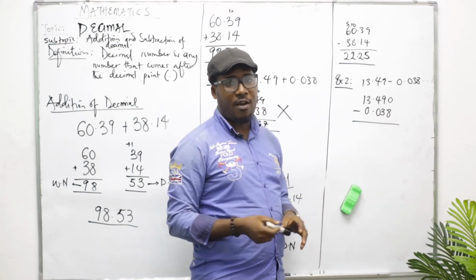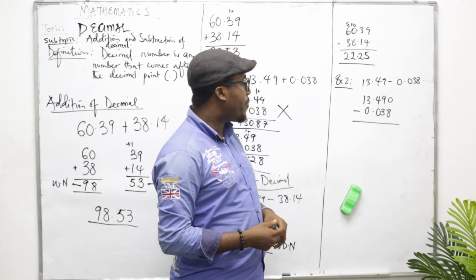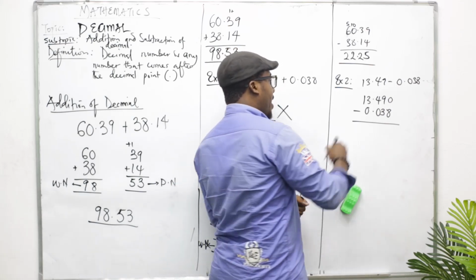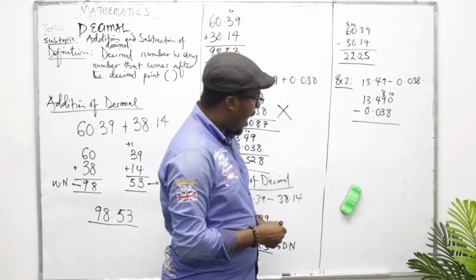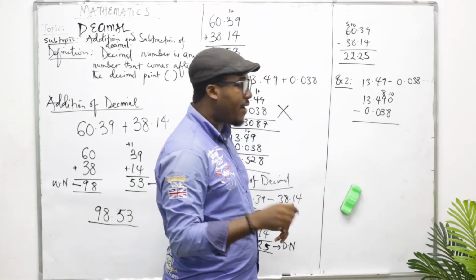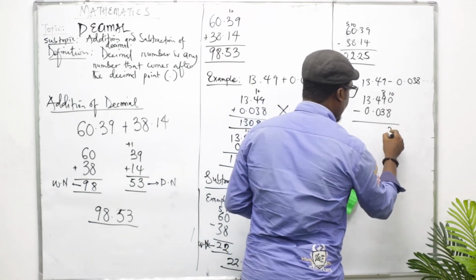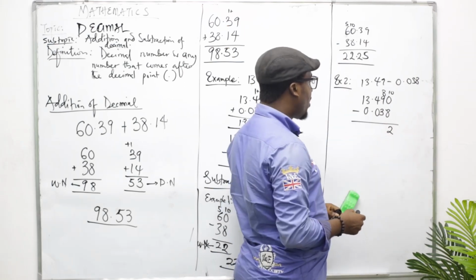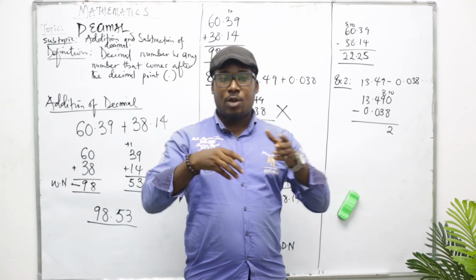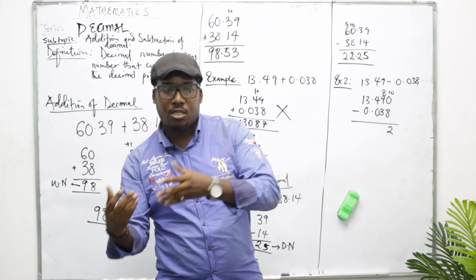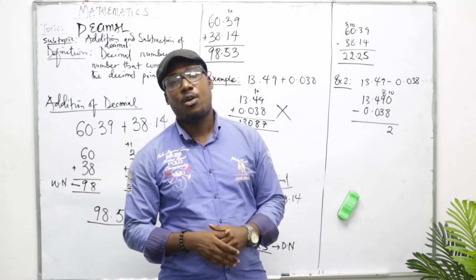0 minus 8, we are agreed that it will not work. So 0 will borrow 1 from 9, and 9 will become 8. Why? 0 will be empowered to become 10. Now you do 10 minus 8, and you have 2. 8 minus 3. Now, 8 minus 3, that means you have to count 8, then remove or take away 3.